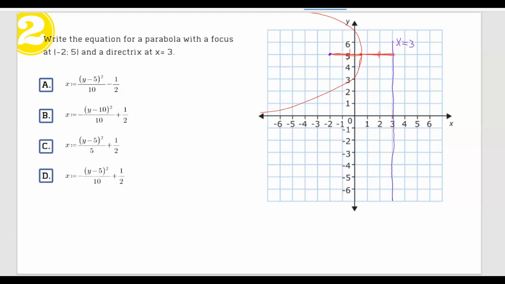So now we know that the distance between focus and any point on the parabola has to be equal to the distance from that point to the directrix. Let's take an arbitrary point (x, y), and we're going to write the same as we did before. We're going to write the distance between the focus point, which is (-2, 5), equal to the distance from the point on that parabola to the directrix.